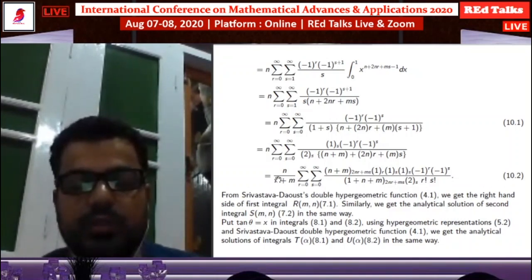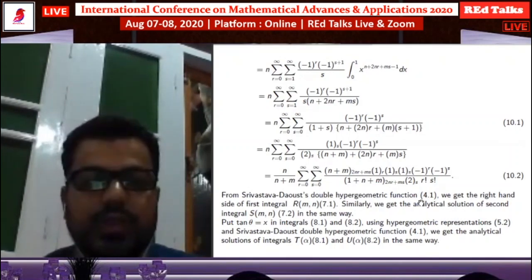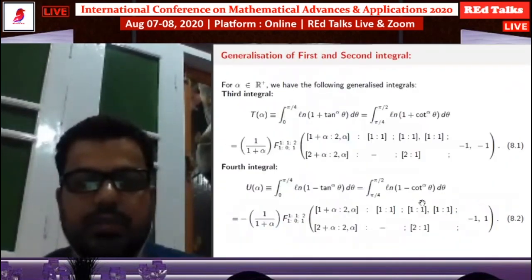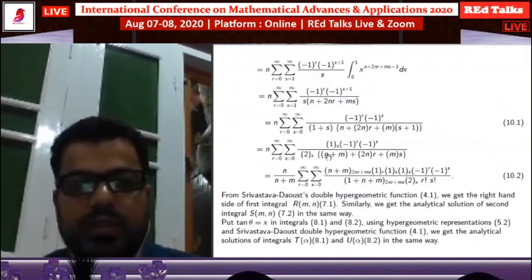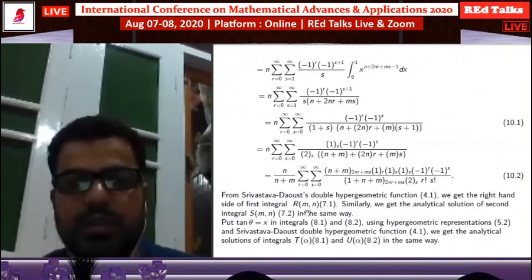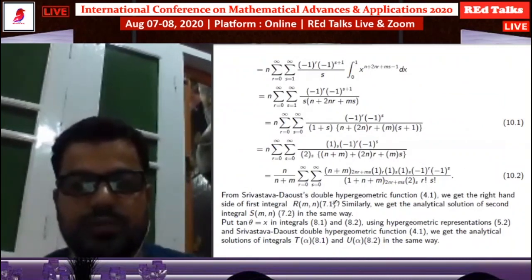Now, here in 2.2, we use the Srivastava-Dost double hypergeometric function mentioned in the introduction part. We get the right hand side of the equation, our integral, that is this integral. We have obtained this part by using the Srivastava-Dost double hypergeometric function in this equation.